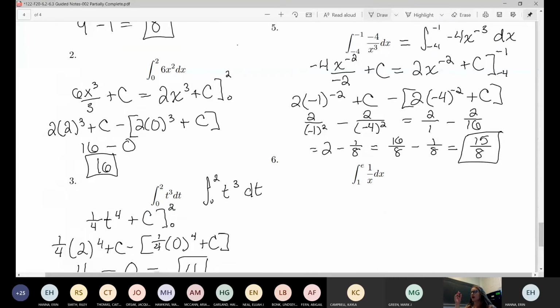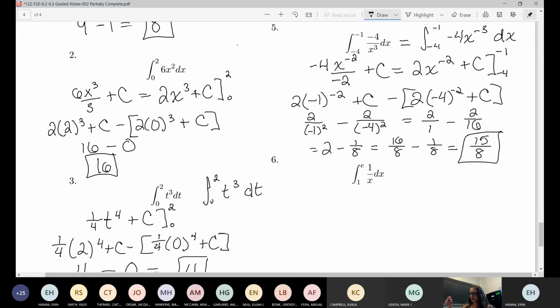Whenever you have a fraction with x in the denominator, if it's more than just a power of 1, you need to change it to the negative exponent, because then it turns into a negative anti-power rule. If it's just x to the first in the denominator, then you're in the natural log case. But if it's x to any power besides 1 in the denominator, you need to switch it. So hopefully that made sense.